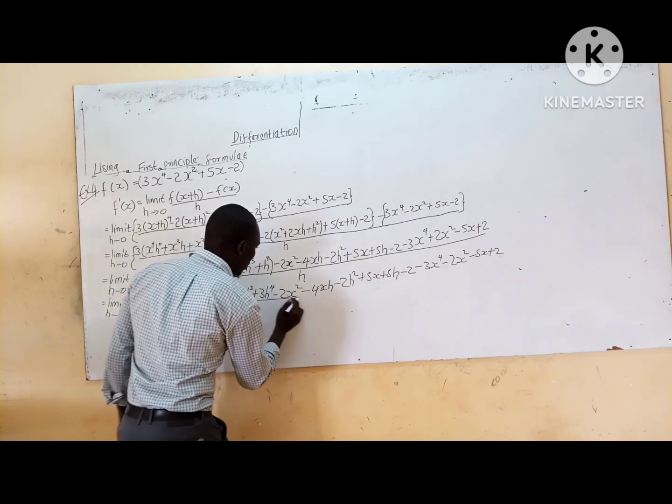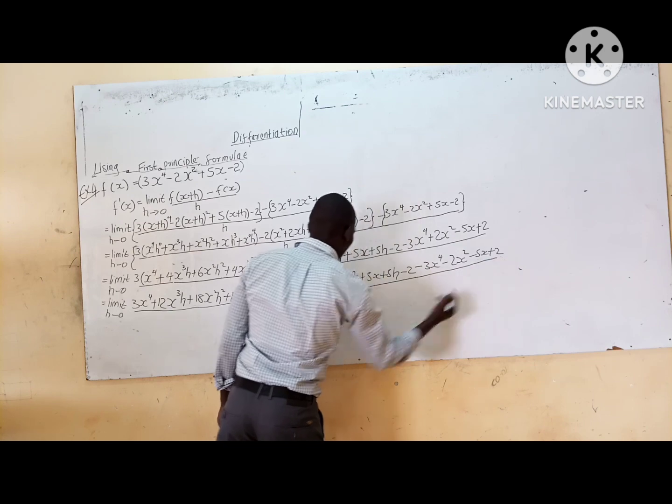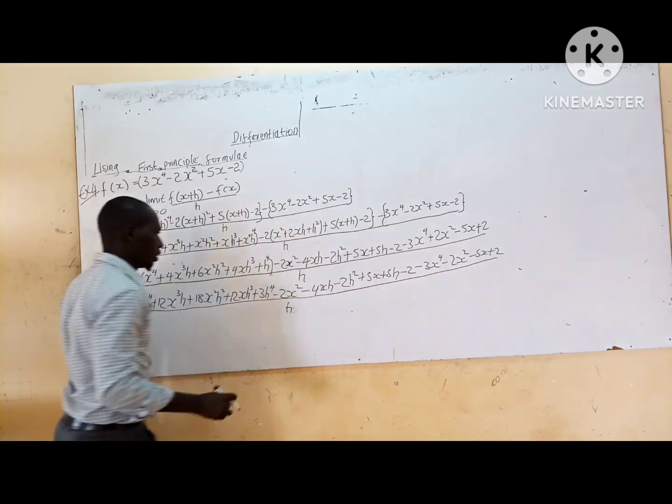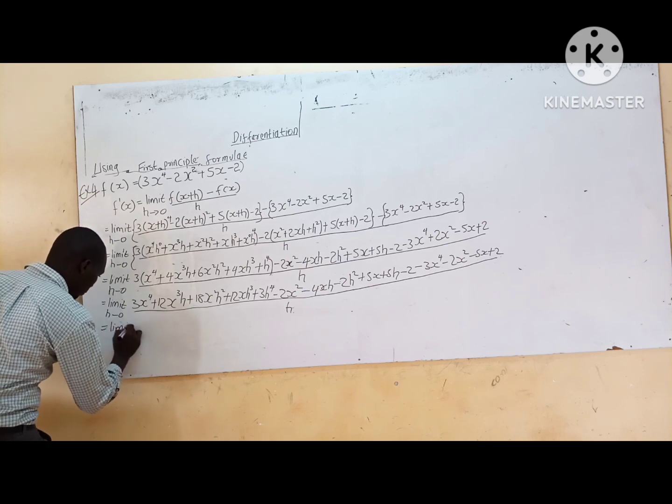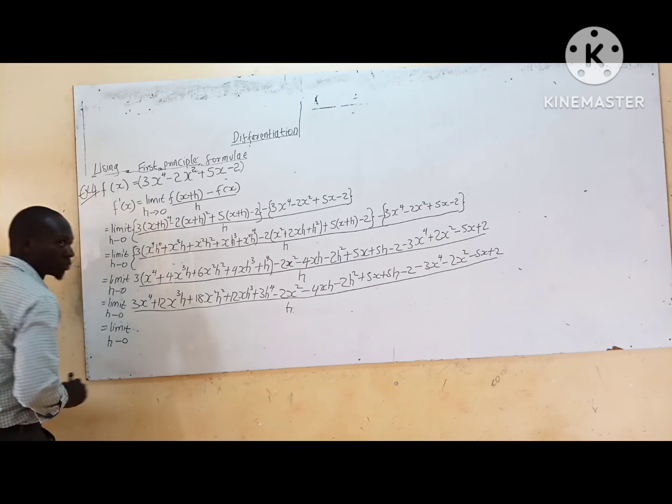Everything is over a term of h. In our next step, we are going to have limit h approaching 0.